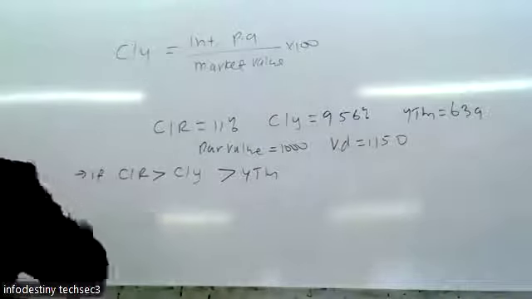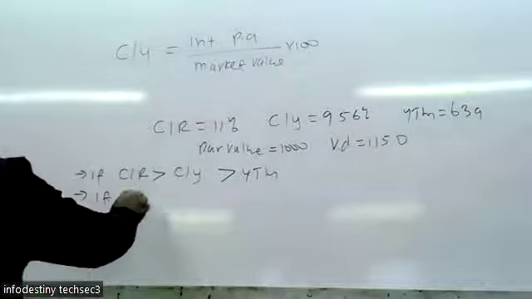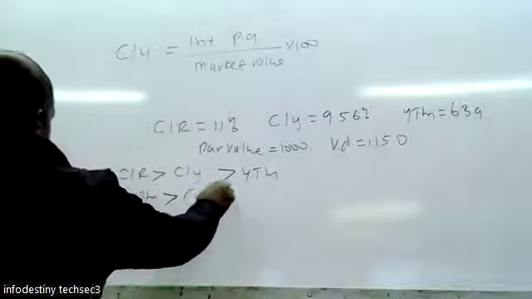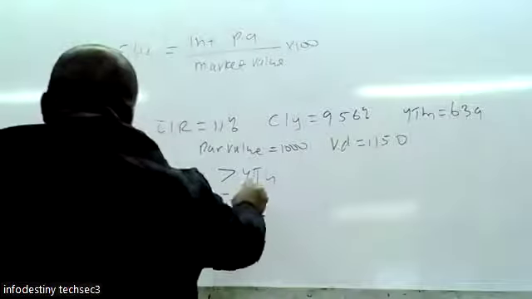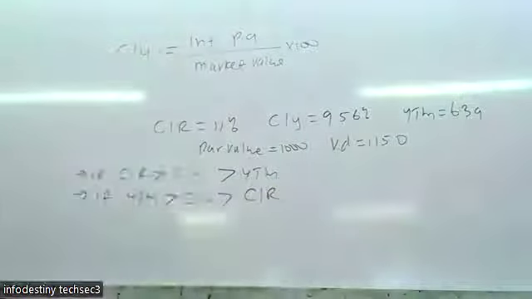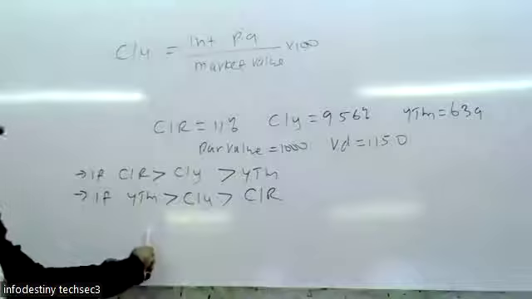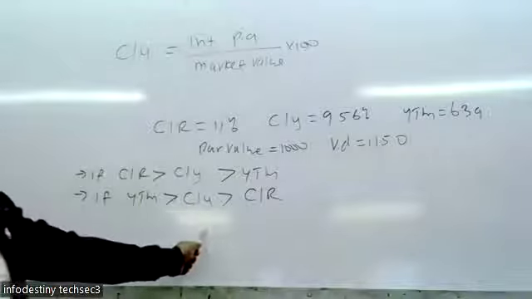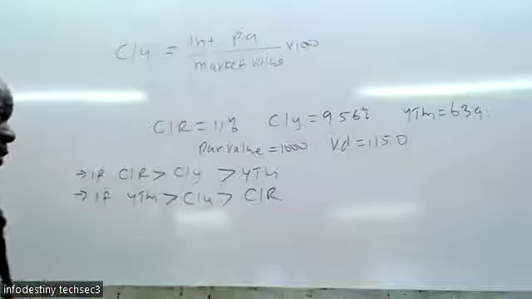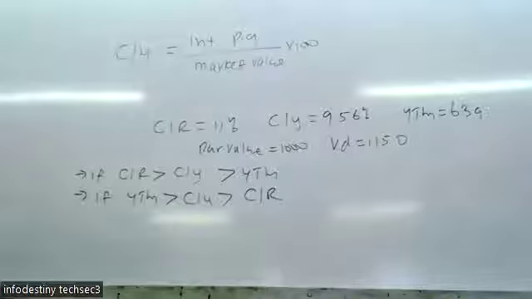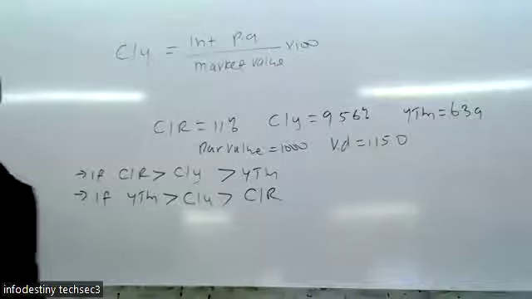Then another dash is that if the yield to maturity is greater than the current yield, which is also greater than the coupon rate, so I'm simply reversing, then the bond will sell at a discount.